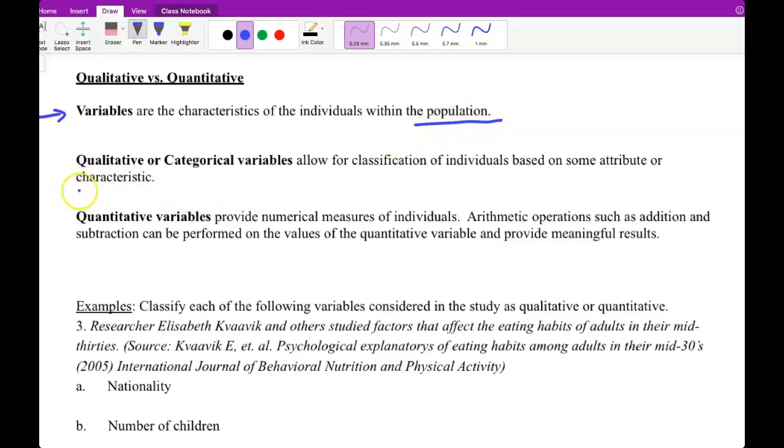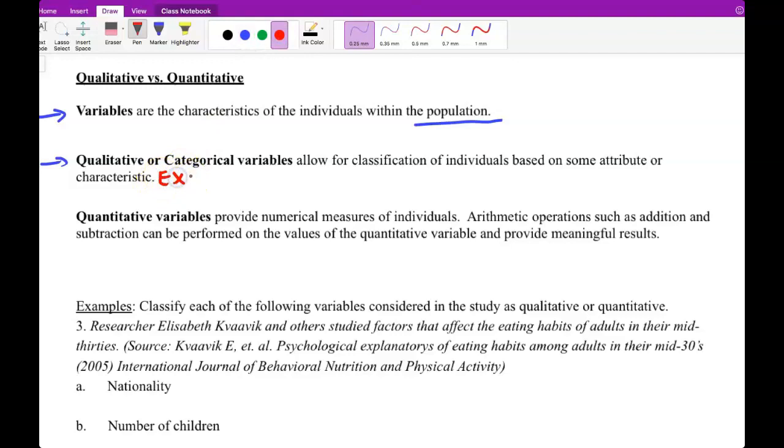Next one, qualitative or categorical variables are based on some attribute or characteristic. Let's have an example for this part.